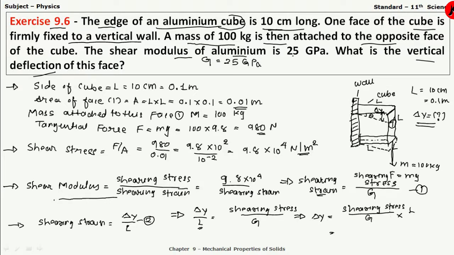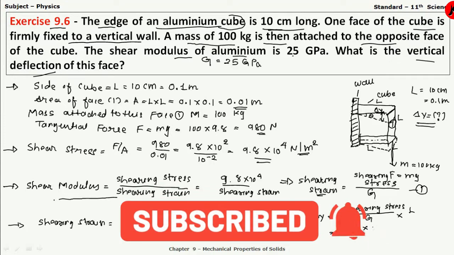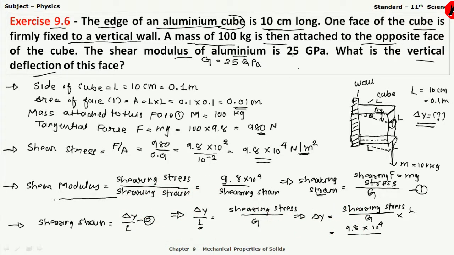So the shearing stress that we have already calculated is 9.8 into 10 raised to 4, divided by the shear modulus, which is given as 25 gigapascal, which means 25 into 10 raised to 9 pascal, or you can also write 25 into 10 raised to 9 Newton per meter square. Both are the same.